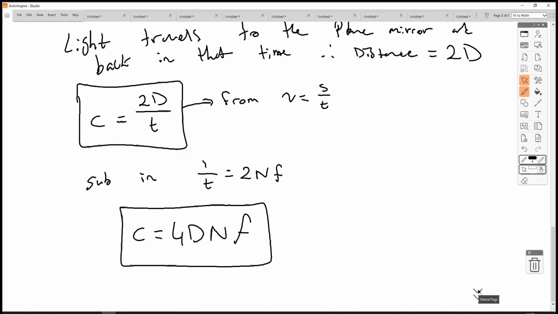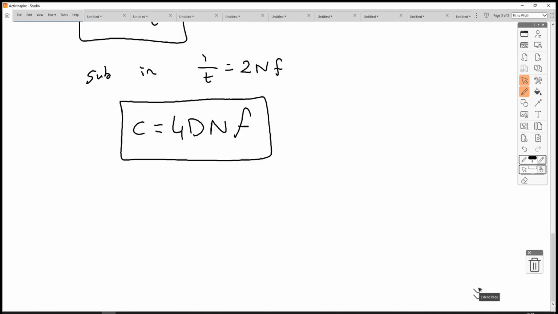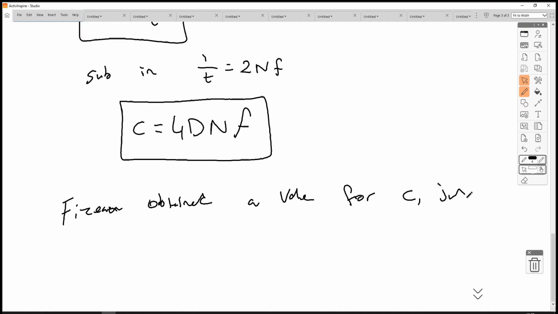So we'll write that here as well. So Fizeau obtained a value for c just slightly greater than Maxwell's value.